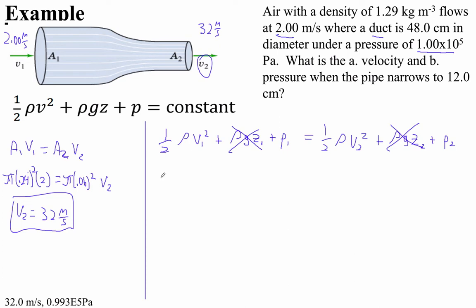So let's go 1/2 times 1.29 times 2 squared plus, and then that pressure right there is 1.00 times 10 to the 5th pascals. That's P1, right, is equal to 1/2 times 1.29 times, and then this velocity is 32 squared, plus P2, right?